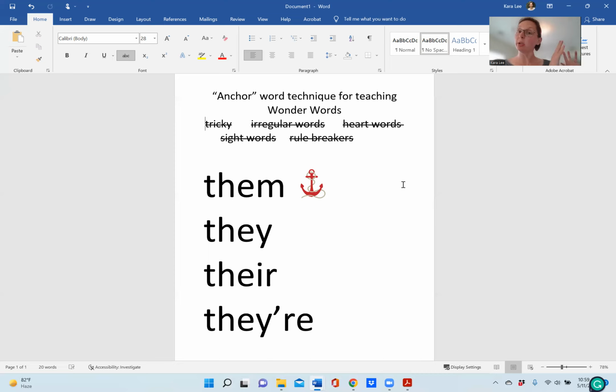Is that talking about a group of people, not including me? Yeah. Okay, then we have T-H-E-I-R, their. So them, they, their. Does their, spelled like this, T-H-E-I-R, have to do with a group of people? And again, depending on the age of your student, depending on lots of different factors, you will be the one to know best.